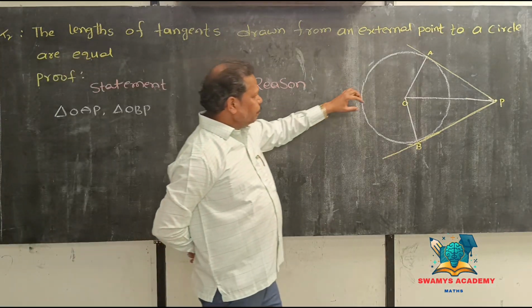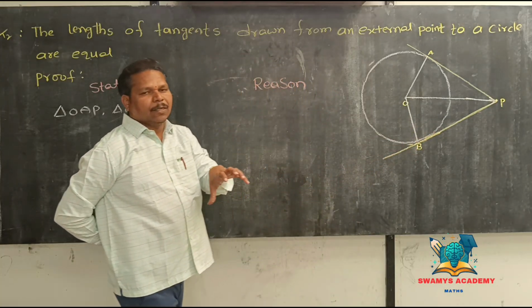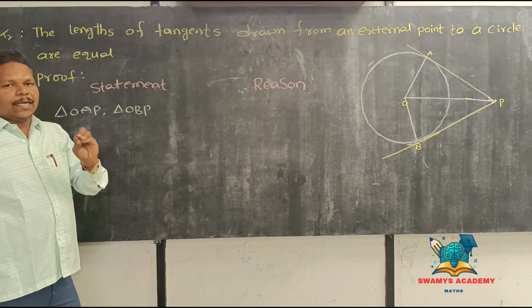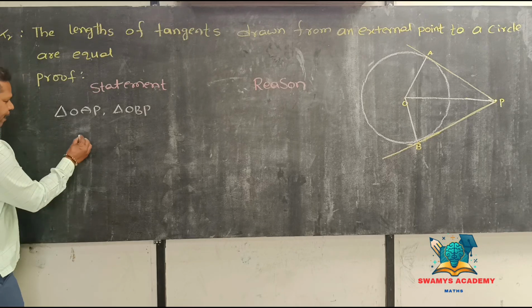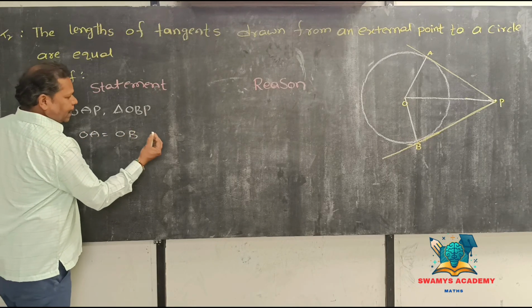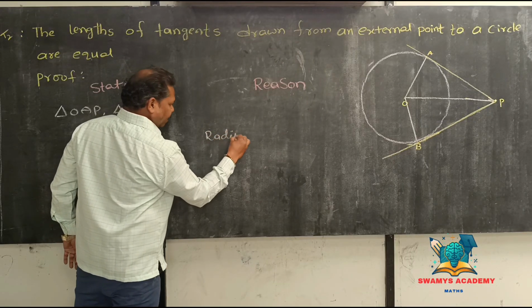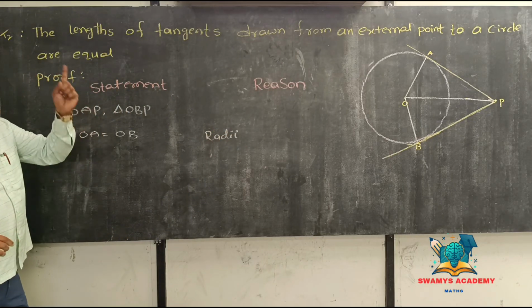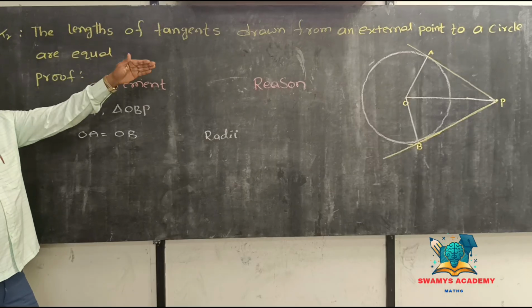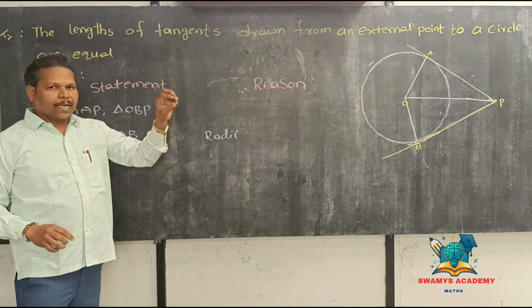Now here we know OA equals OB. What is the reason? In a circle, all the radii are equal. So we can take this statement: OA equals OB, reason is radii. And with the contact point at A and at B, the angle will be 90 degrees; only then will we call it a tangent.